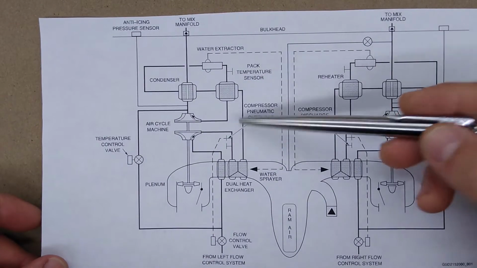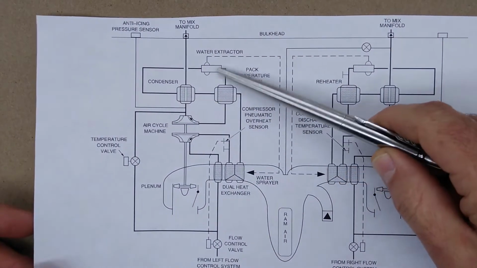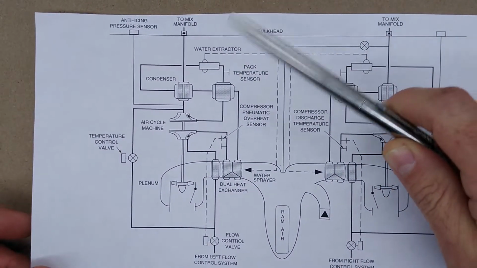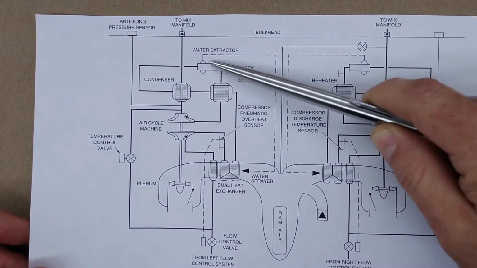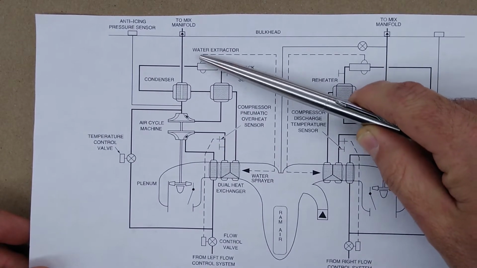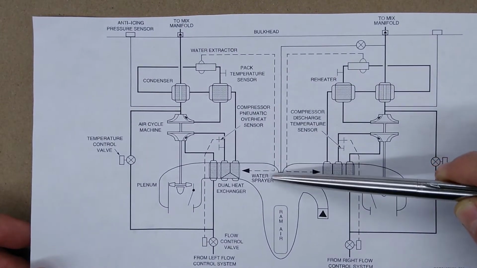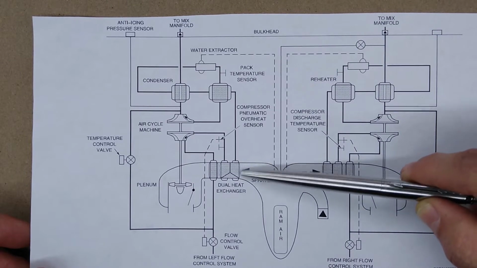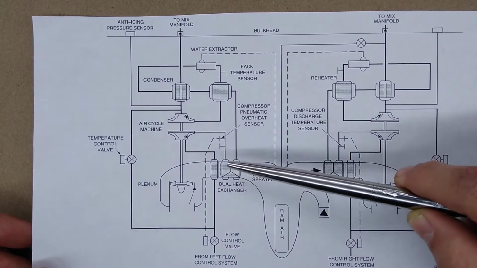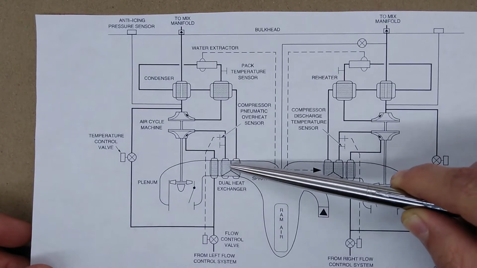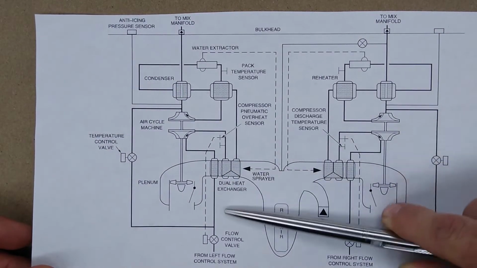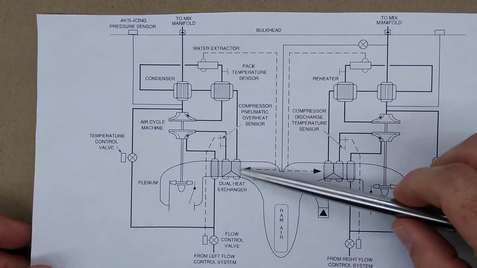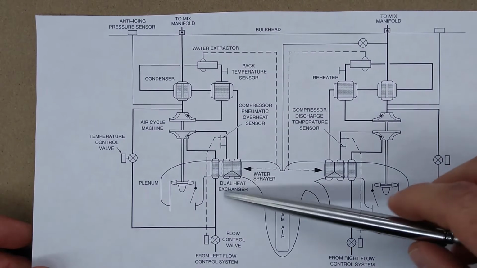Wait. Something else that I wanted to mention, which I'll show you in the airplane. The water, which I think is pretty cool. The water that gets collected, separated from the air here, it gets piped over to and sprayed on top of the heat exchangers to increase the thermal efficiency of these heat exchangers, because now you have a water mist, a water spray being sprayed onto them.